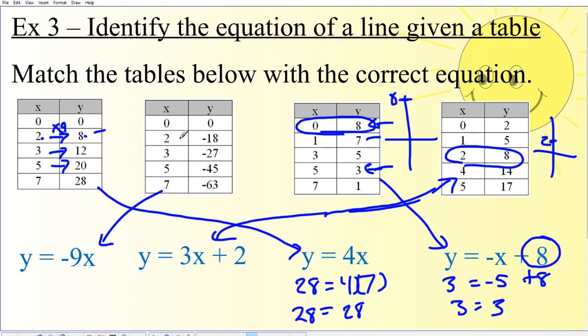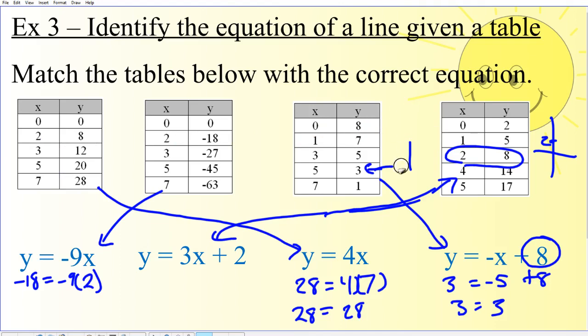And look, if I take my x value of 2 and I plug it in, is the y value equal to negative 18? Negative 9 times 2, negative 18? Yes, it worked. If I pick another point, it would also work. Okay? So you can see that these lines can be written as tables. They can be written as equations. In my tables, I can very easily usually find the y-intercept.